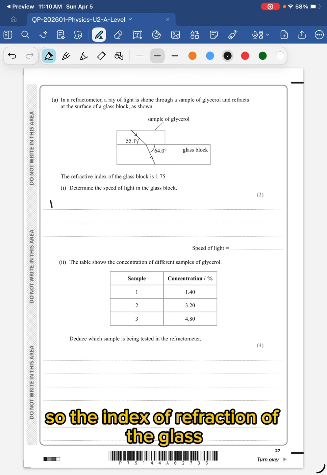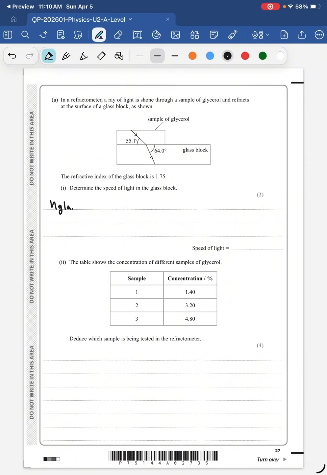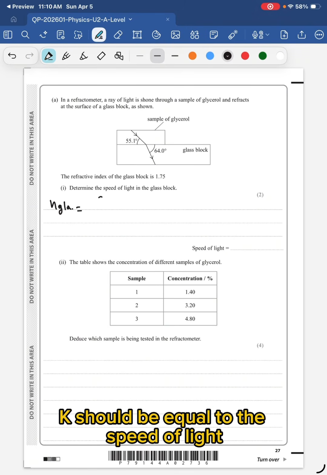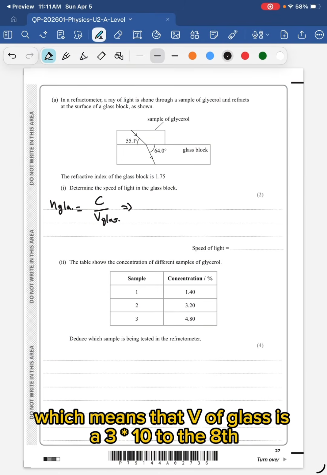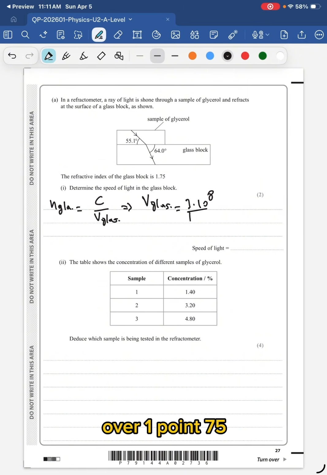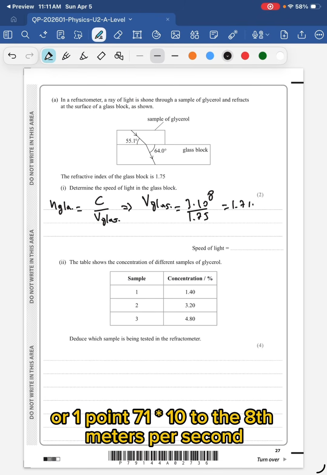So the index of refraction of the glass should be equal to the speed of light over the speed of light in glass, which means that V of glass is 3 times 10 to the 8 over 1.75, or 1.71 times 10 to the 8 meters per second.